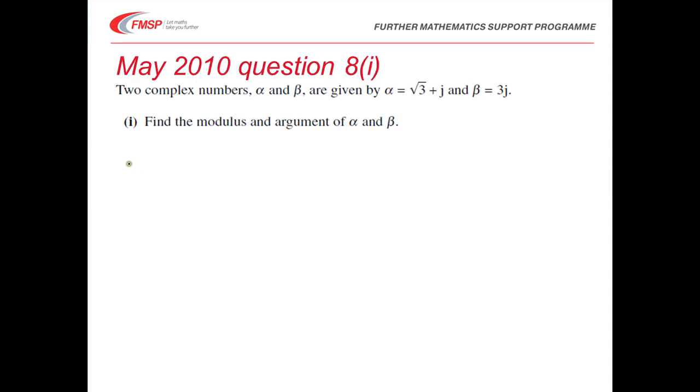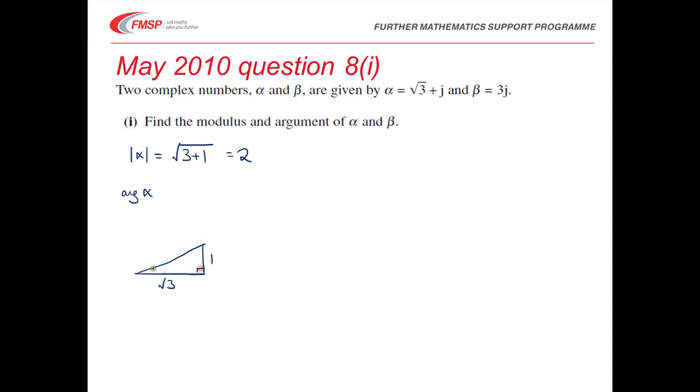So for part 1, the modulus and argument of alpha and beta. The modulus of alpha is the square root of root 3 squared, which is 3, plus 1 squared, which is 1, so that's root 4, which is 2. To find the argument of alpha, it's always a good idea to draw a little sketch, so that's root 3 plus 1j.